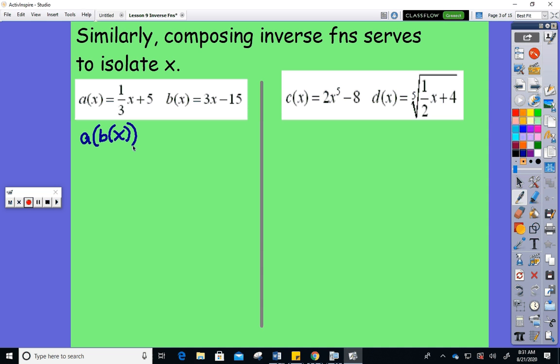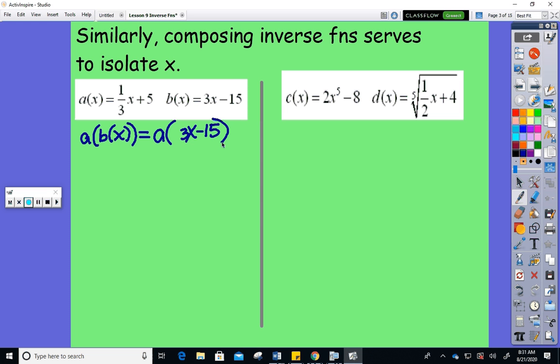So in equation solving, you apply inverse operations to isolate x. With functions, you apply inverse functions to isolate x. So remember, this is a 3-step process. First, what is b of x? So show me what your interior function is.